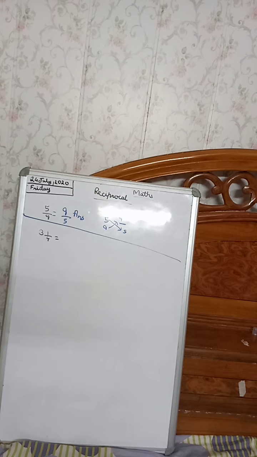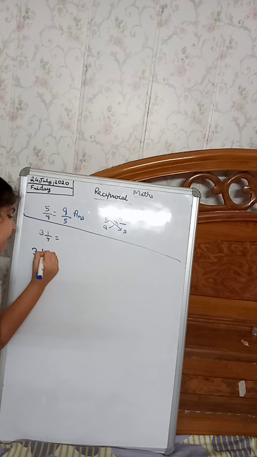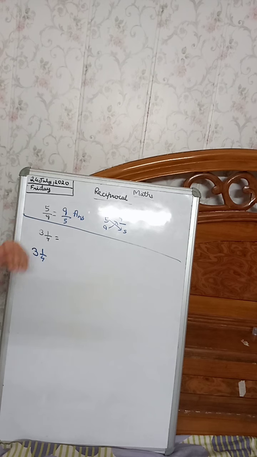If we convert the mixed fraction 3 1 by 4 into an improper fraction, then what will our answer be? We have a question mark, so we will complete it. So I will tell you here. If we convert 3 1 by 4 into an improper fraction, we use a trick.